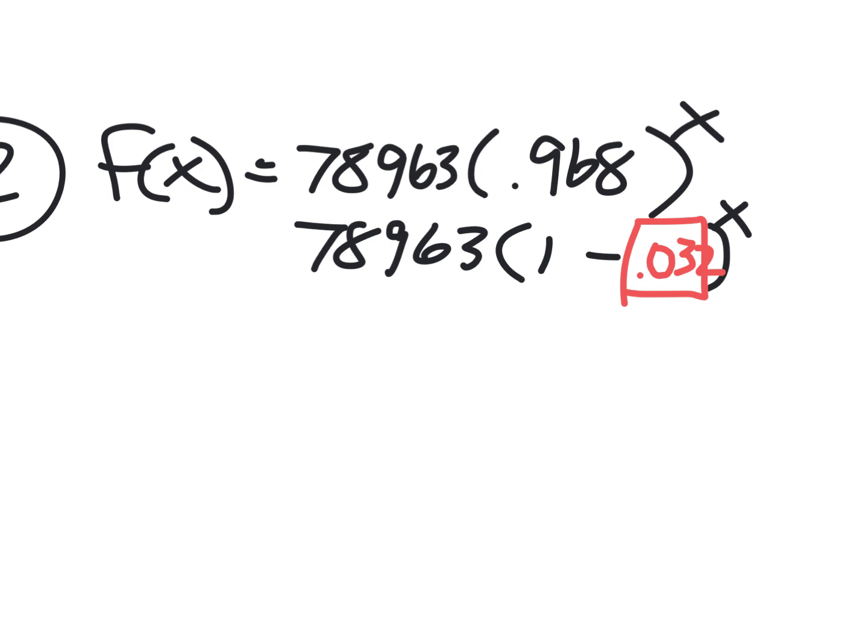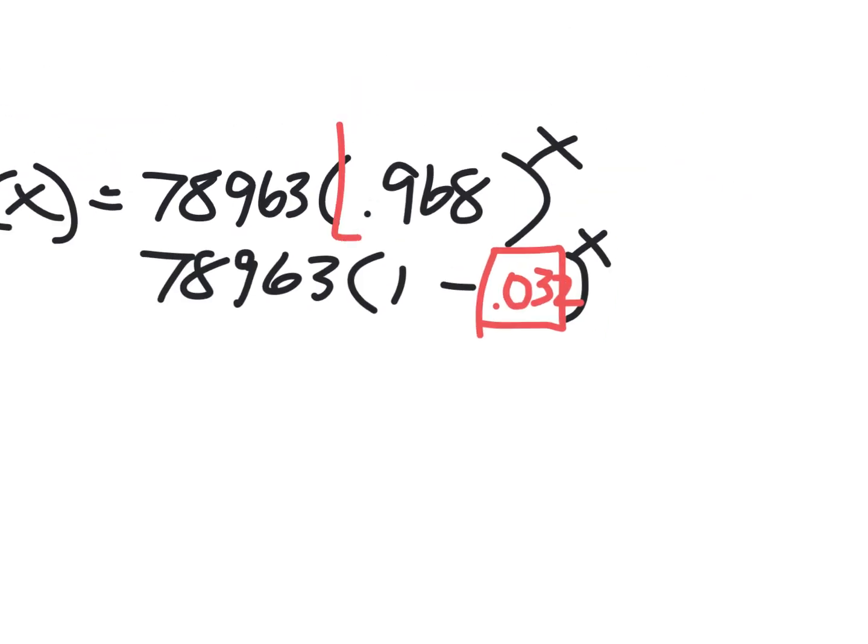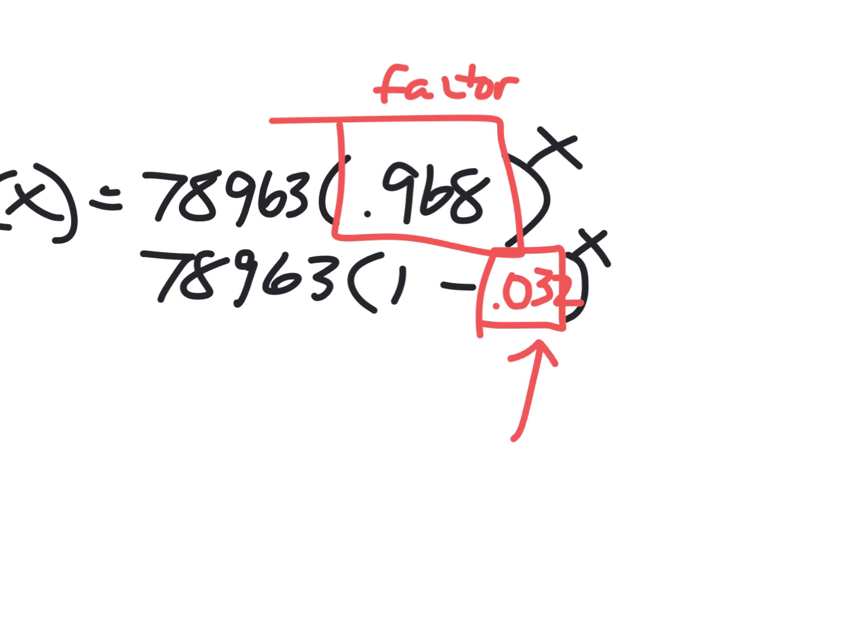Okay, cool. So then, I figured out my factor was this all along. That's the factor. But the percent would be that, and that is 3% decay. 3.2 to be exact.